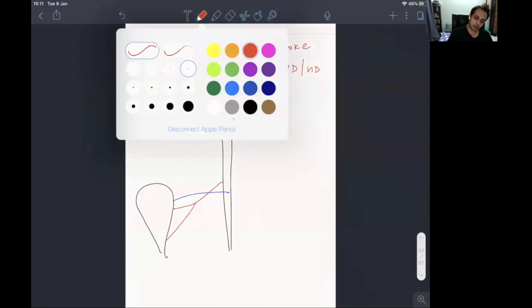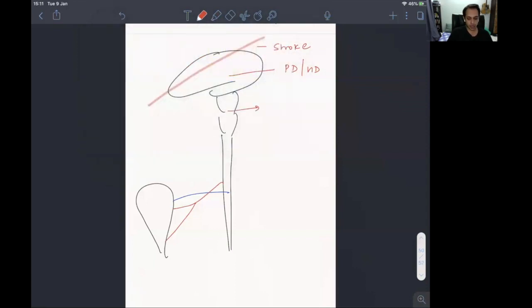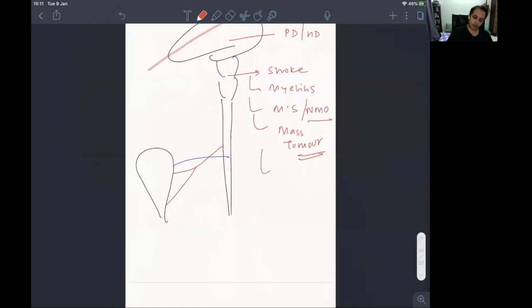In a pontine lesion, again, it could be a vascular lesion, it could be myelitis, that is an autoimmune, it could be multiple sclerosis, NMO, or anywhere there could be a mass lesion, so a tumor. It could be a trauma. So traumatic spinal cord injury is a very common cause of bladder dysfunction. And we already discussed infrasacral is conus cauda and peripheral neuropathy.